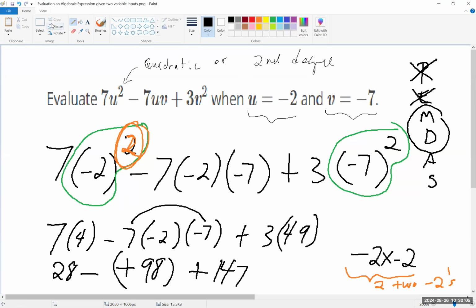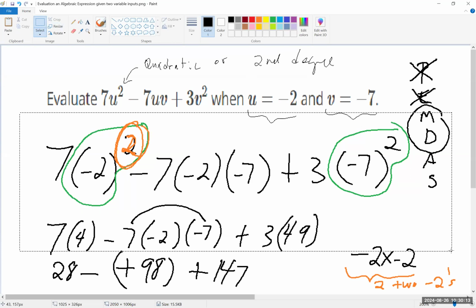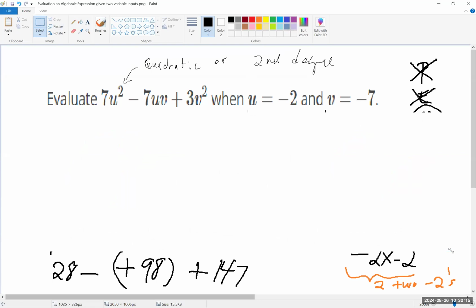I'm gonna do some erasing here so that I can do more of my computation, whatever's left. So 28, I'm gonna add 28 and 147 again. So PEMDAS tells you to add and subtract from left to right. But there's also something called commutative property. And I'm going to use it because it's going to make my work easier.